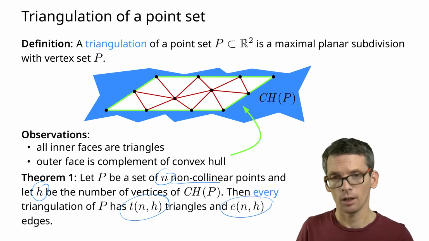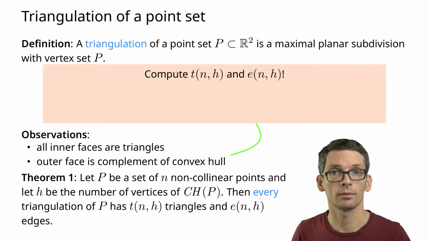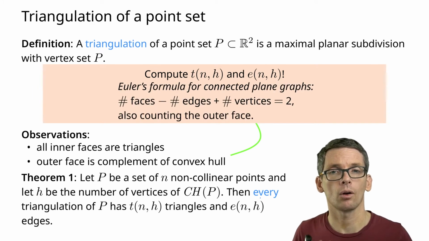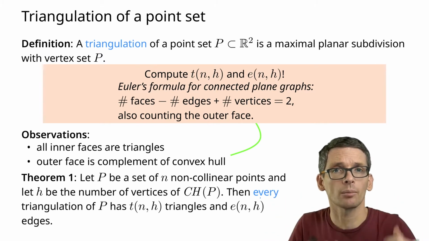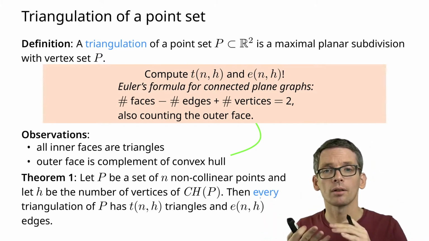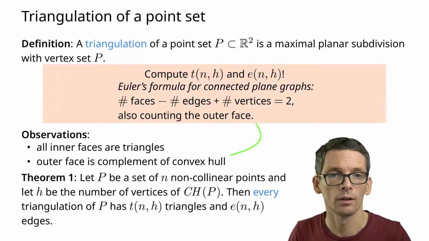So maybe that's something you can do with pen and paper. Keep in mind, a useful formula for this might be Euler's formula, which says for a connected plane graph, and this graph is connected because it's maximal, number of faces minus number of edges plus number of vertices is 2, and here we are also counting the outer face.